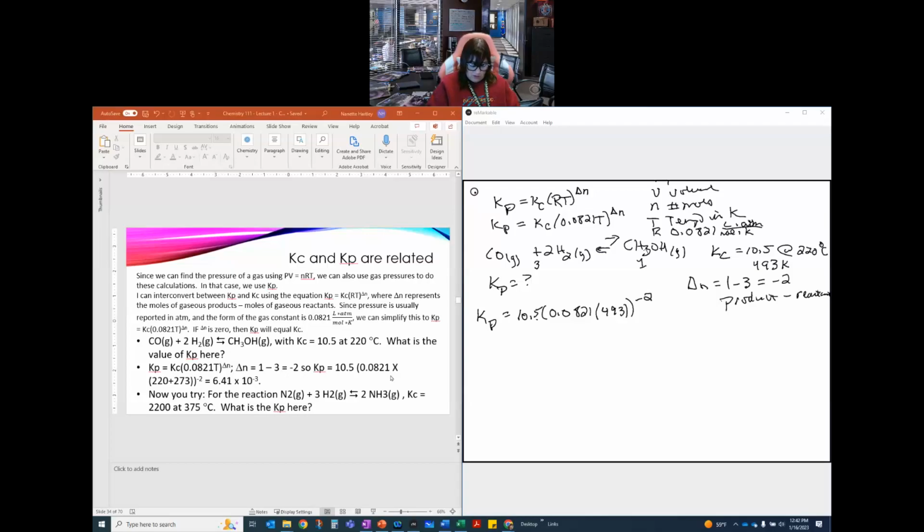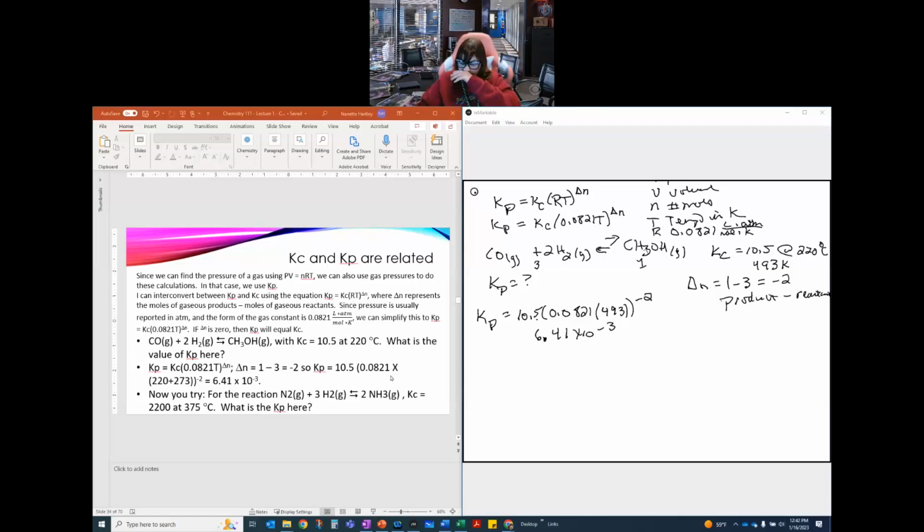So 0.0821 times 493, and that is raised to the negative 2 power. That's going to give me a value that I can multiply by 10.5. And that gave me 6.41 times 10 to the minus 3.